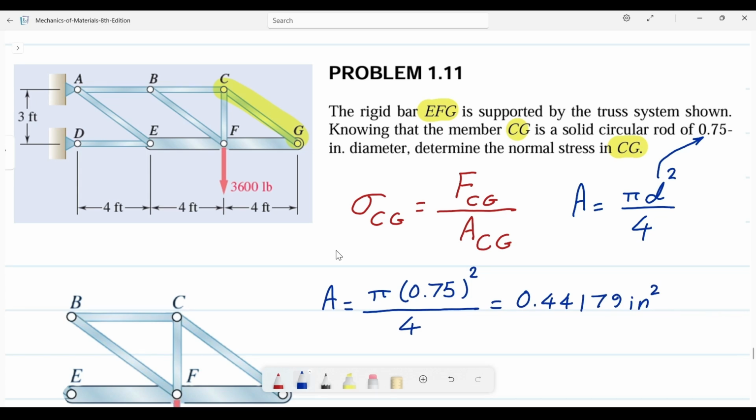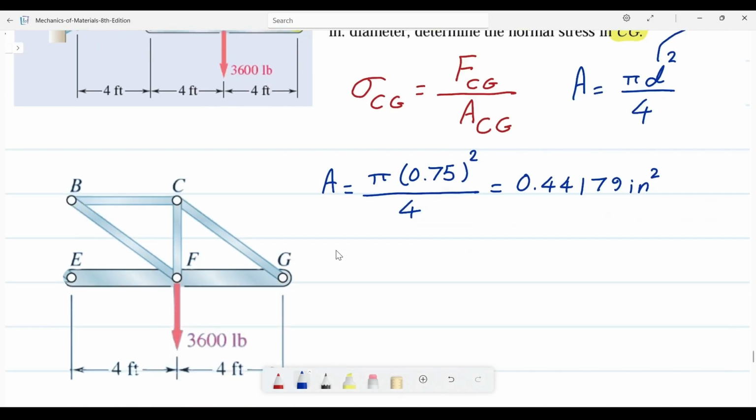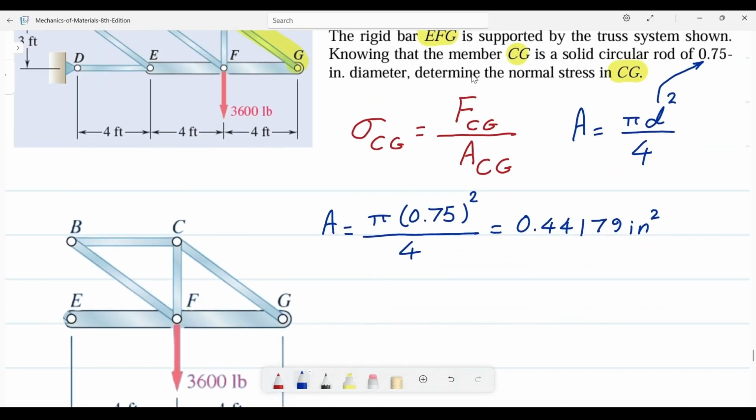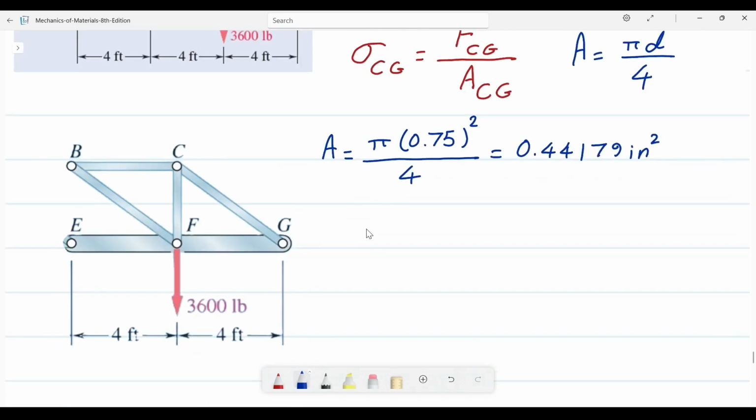Now we should just find FCG, and here we use the free body diagram and the equation to find it.